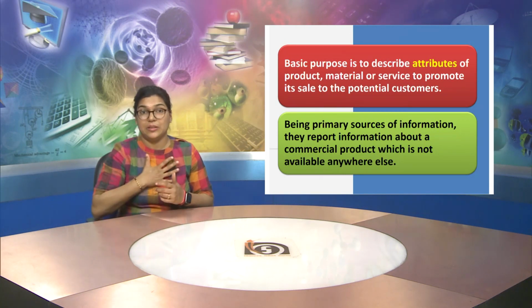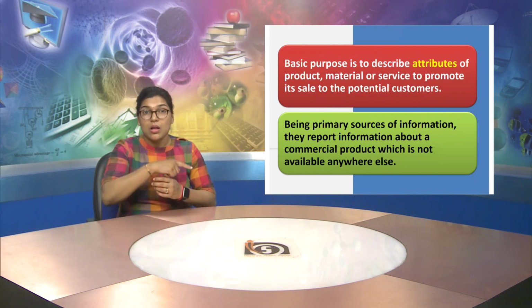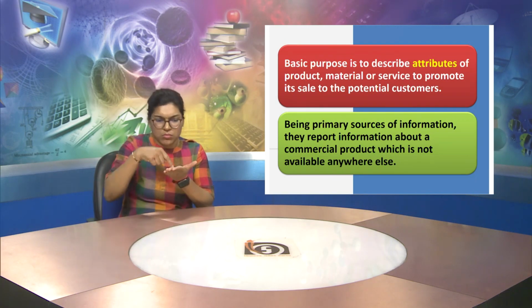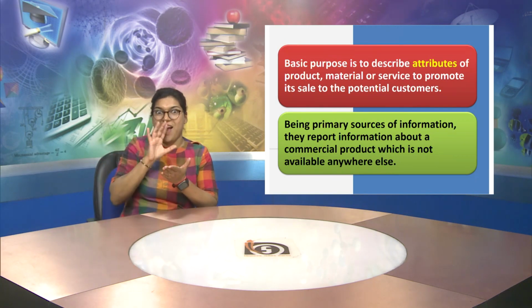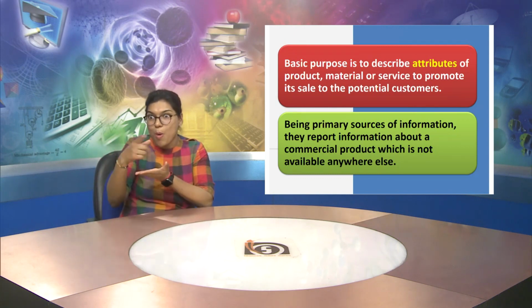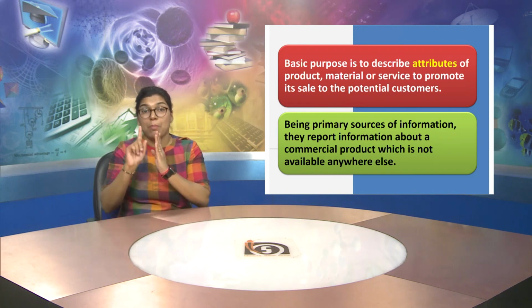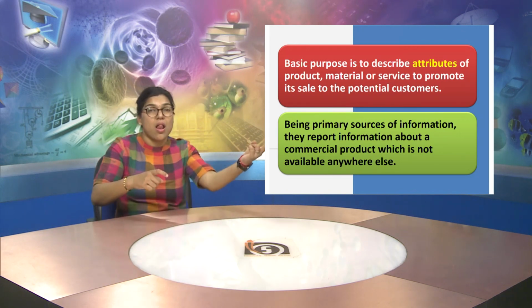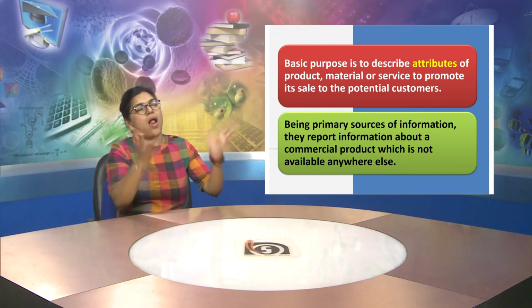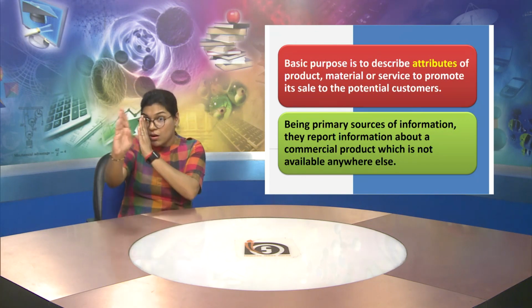And below that, you can see the green box. It explains that being a primary source of information, they report information about a commercial product which is not available anywhere else.